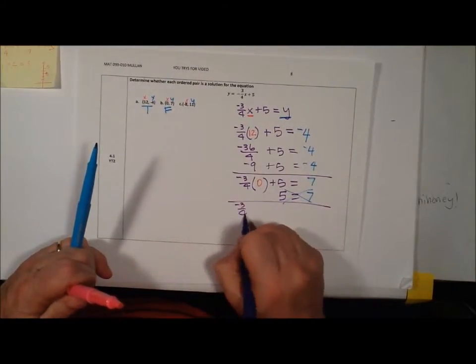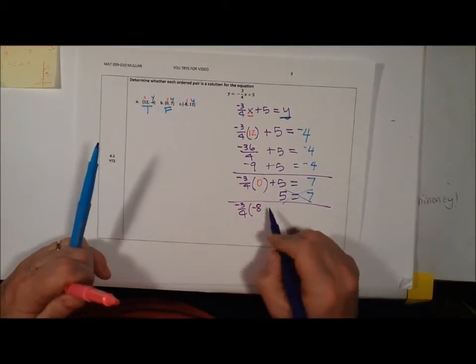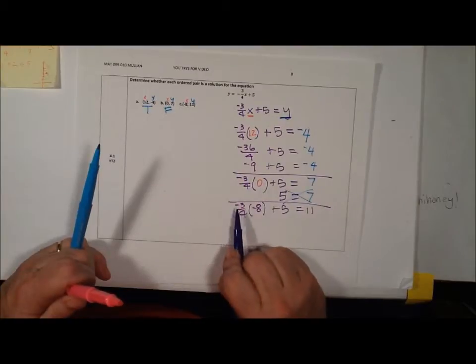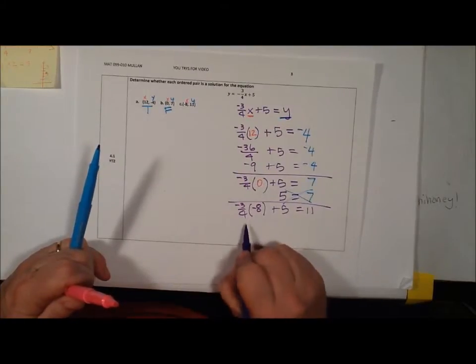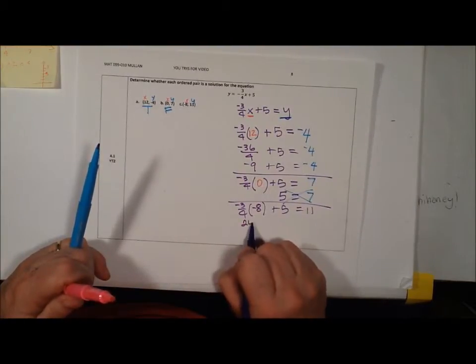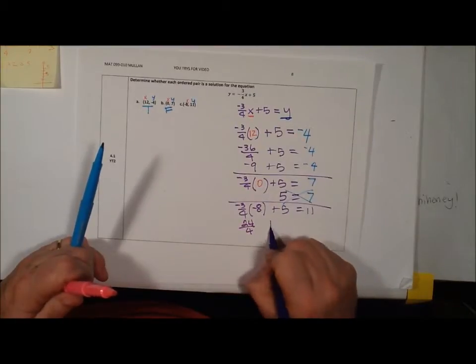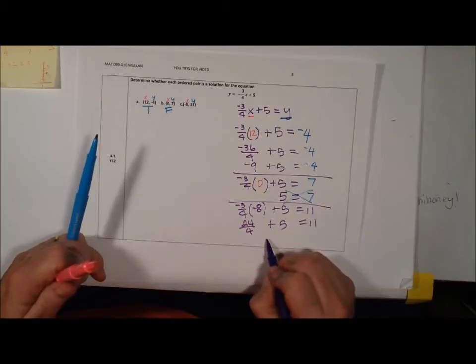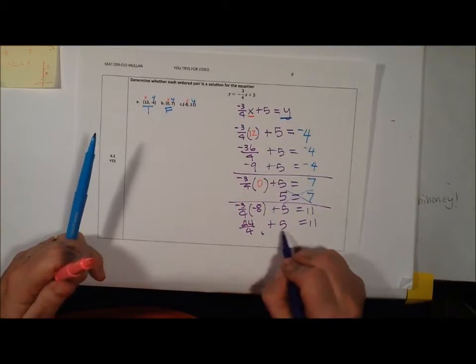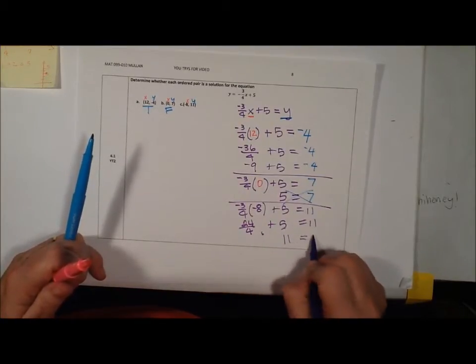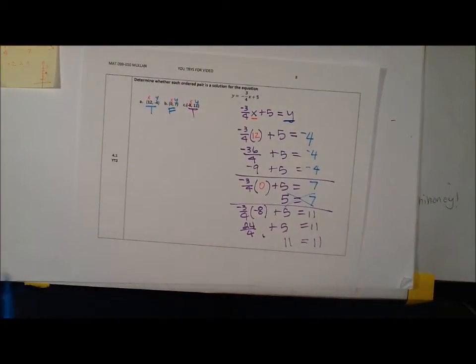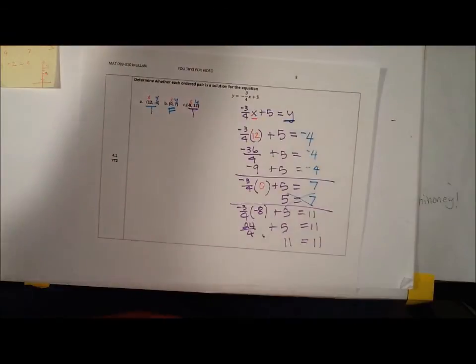So this is false. And finally, let's use the last one. Negative 3/4 times negative 8 plus 5 equals 11. Negative 3 times negative 8 would be positive 24 over 4 plus 5 equals 11. 4 goes into 24 6 times, and 6 plus 5 is 11. So this last one is true. So here, I didn't use any graph paper.